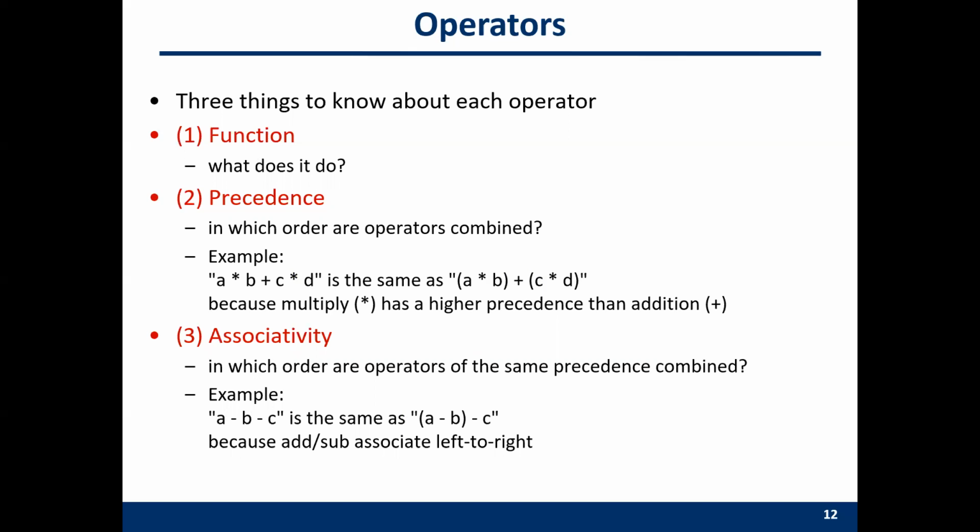Inside this statement, there are three different operators: two multiplications and one addition. Because the multiplication has a higher priority, you need to combine these two first, and then these two. The addition has the lowest priority here. So this is why we compute this at the end of this statement.